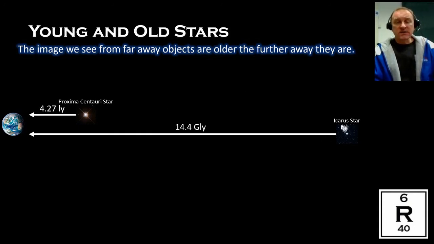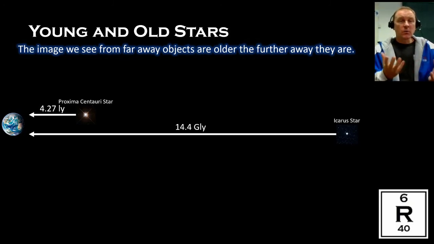The Icarus star is 14.4 gigalight years, so 14.4 billion light years away. That means the light we're looking at here is 14.4 billion years old. Odds are, the Icarus star today at that location doesn't exist anymore. It's probably a dead star.